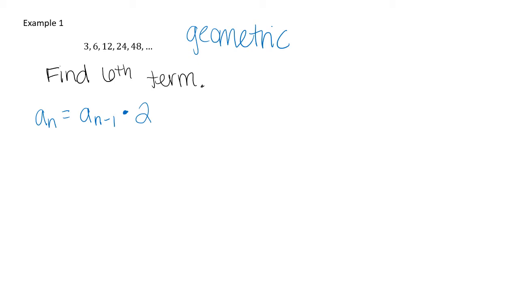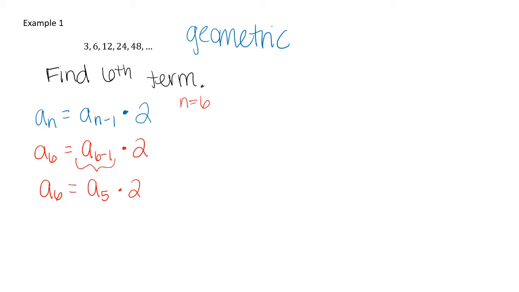But to find the 6th term, we're going to take 6 and plug it in for n. So when you do that, you would write a sub 6 equals a sub 6 minus 1 times 2. And that a sub 6 minus 1 is the same thing as a sub 5. So the 6th term is equal to the 5th term times 2.